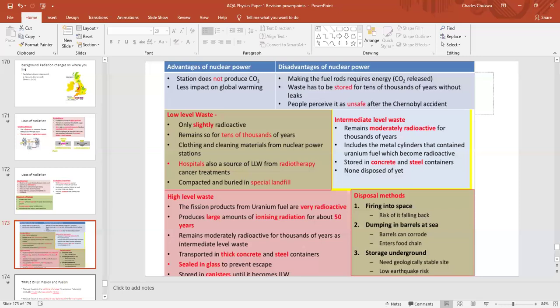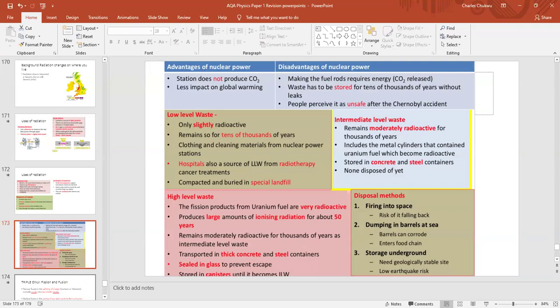So take a look at this. This is more like a summary of nuclear power, right? And yes, some things that apply to it. But I'm not too sure you really need all this.